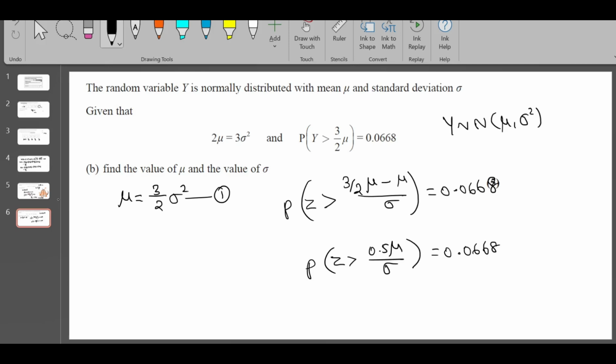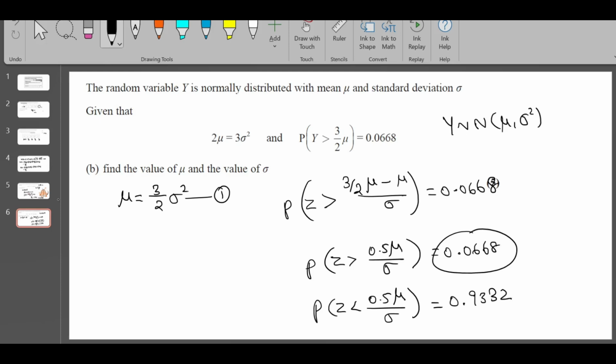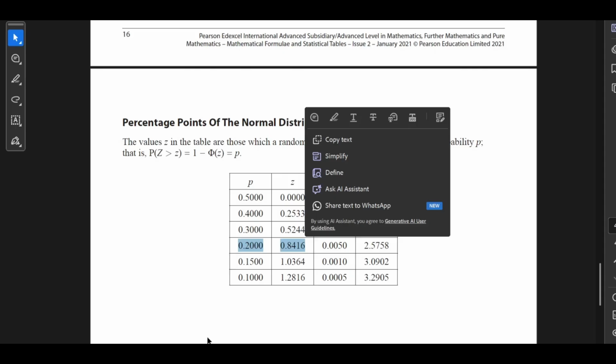So if the area on the right hand side of the number is this, then the area on the left hand side of this number will be 1 minus this value, which is 0.9332. So we are going to use the table to get this value. Look for 9332 in the table.